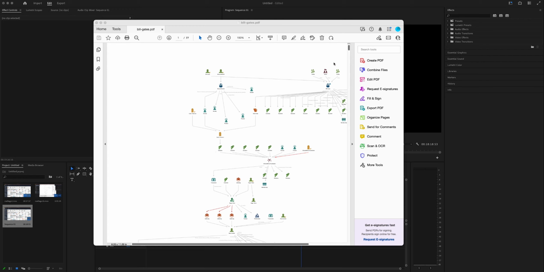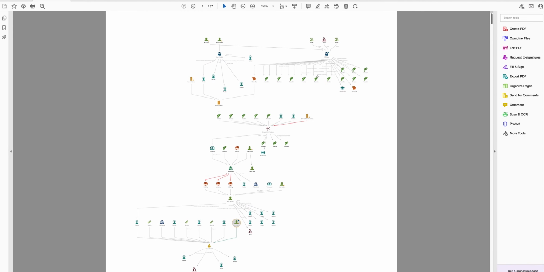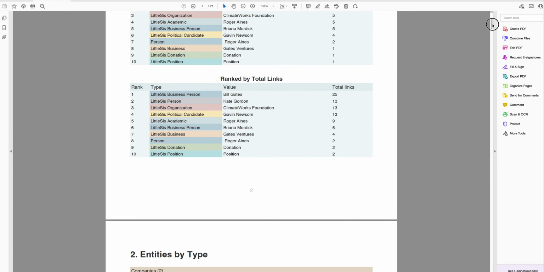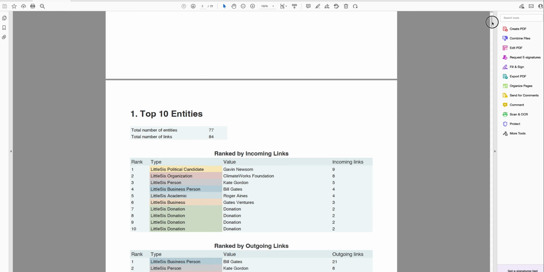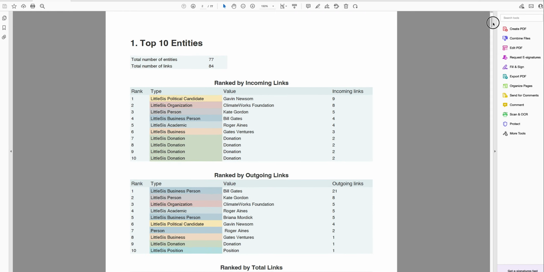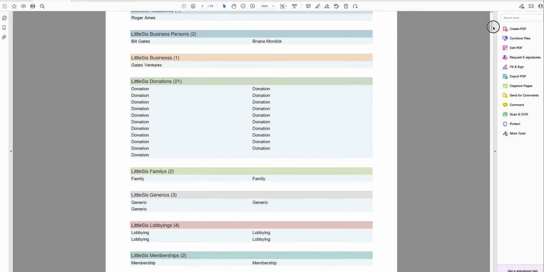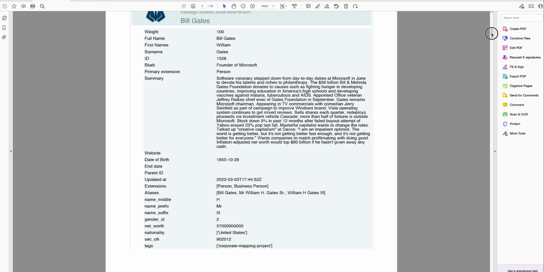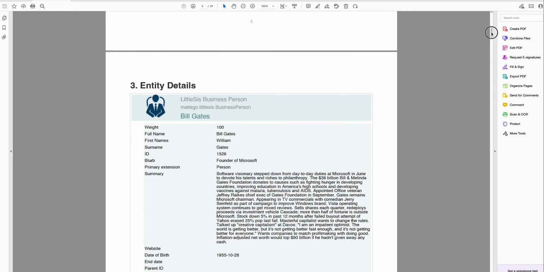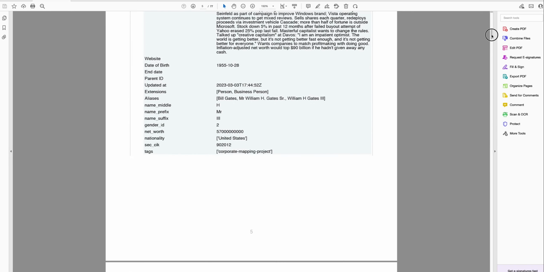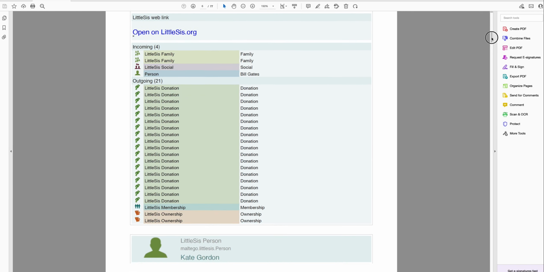Final output of the report. It starts off with a visual representation of the graph. Here, I'll make it full screen. So you have the visual of the whole flow that we went through. And then as you get into it, it talks about the entities, the top 10, that were used and discovered. It goes through and starts giving you entity details, what it has in its database, from LittleSis.org.